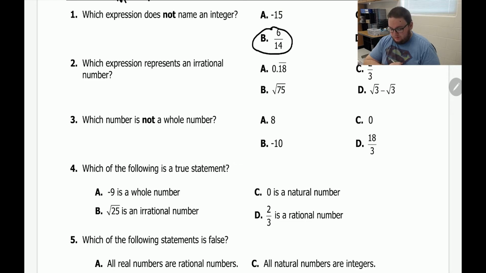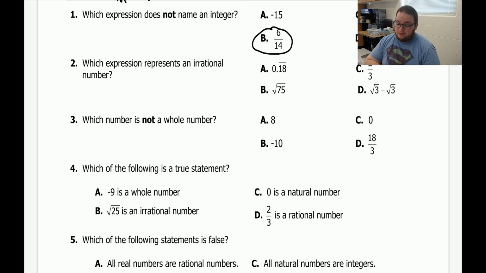Next, number 2, we have which expression represents an irrational number. So remember that an irrational number is one that has its decimals go on forever and does not repeat. So, A, we have 0.18 repeating.